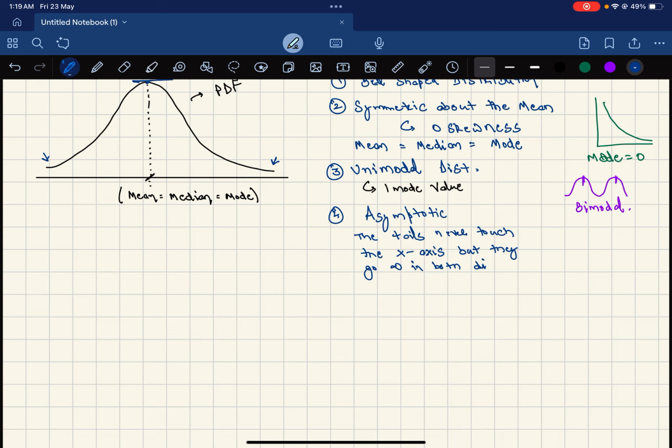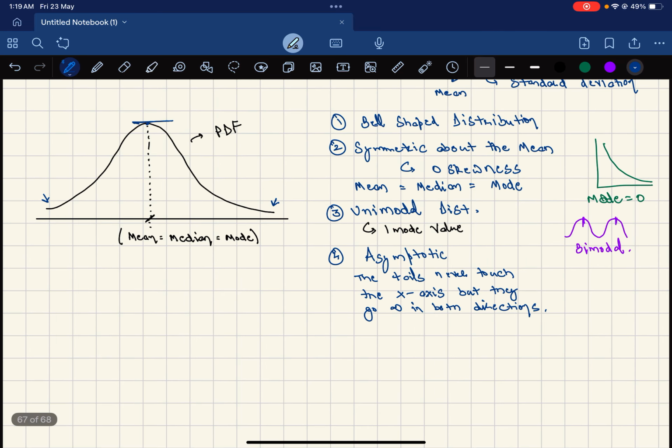So they tend to have a value equal to 0, which means touching the x-axis, but they never actually reach it. And this particular property is called the asymptotic property of the normal distribution.